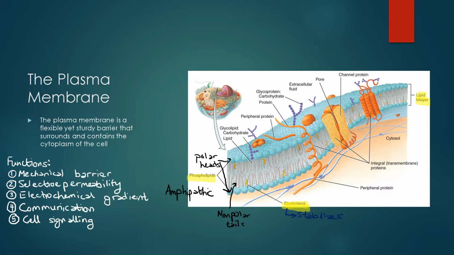Stabilizes the membrane. So normally this membrane is going to be very fluid, so it kind of acts like ocean waves, you can kind of think of it like, but cholesterol is going to stabilize that membrane. So what that means is that it decreases the mobility of the phospholipids. It decreases the fluidity, you could also say.